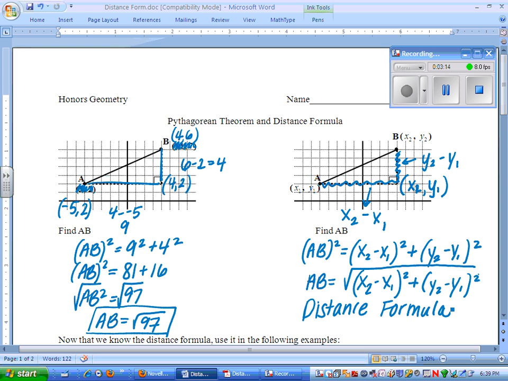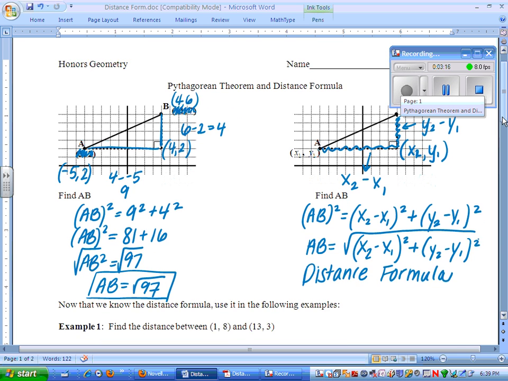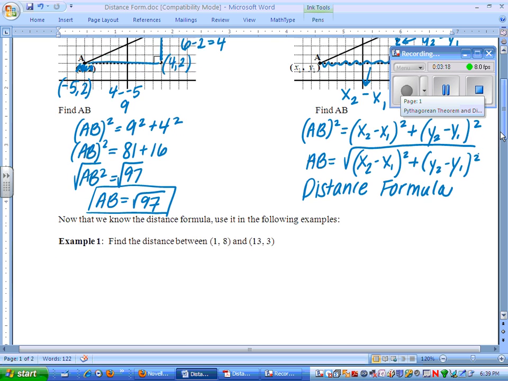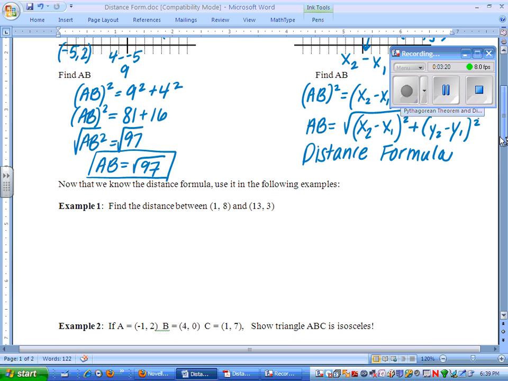Hopefully you learned this last year in algebra, so this isn't too new. But if it is, it's not difficult. If you find the distance between two points, we are just going to plug the x values in first. It really does not matter, in our formula of x2 minus x1, you could switch it because you're squaring the number, so you end up getting the same value either way.